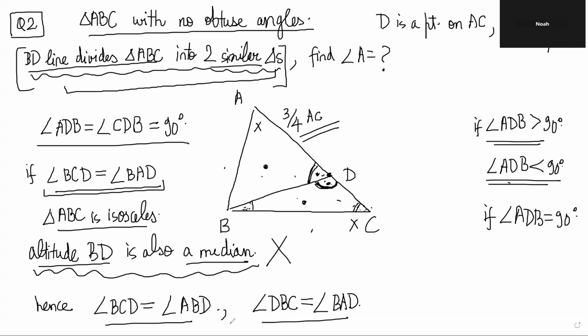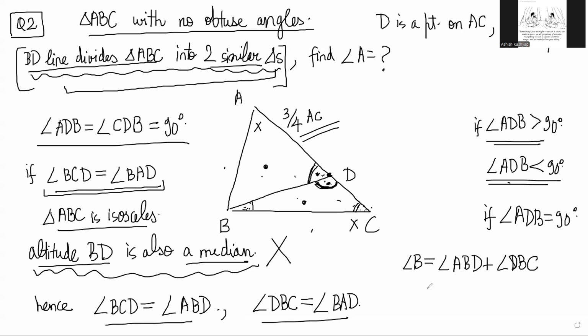So now angle B, if you look at, angle B is ABD plus DBC, and DBC is same as BAD. So this is angle BAD. ABD plus BAD, that is angle B, right?